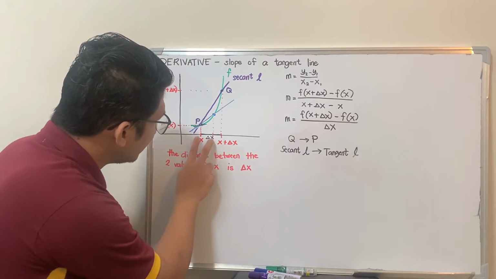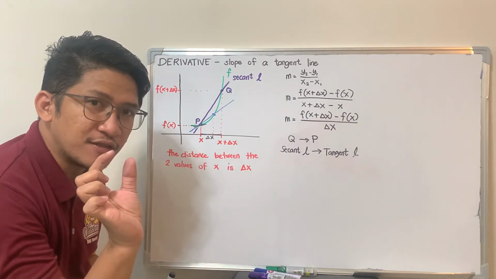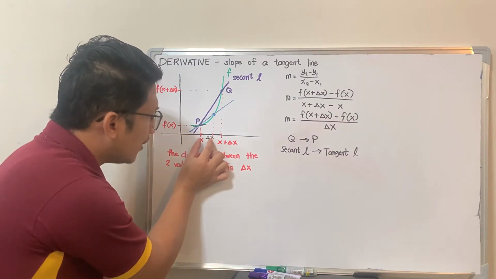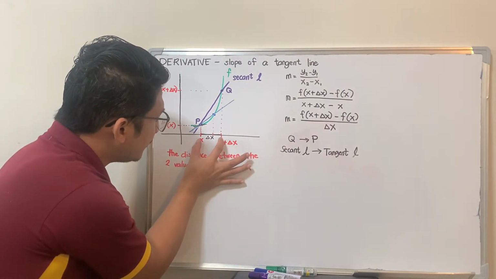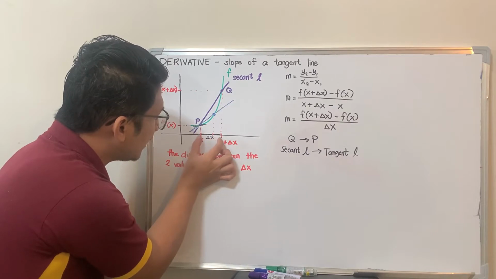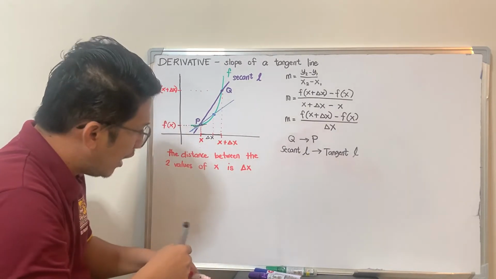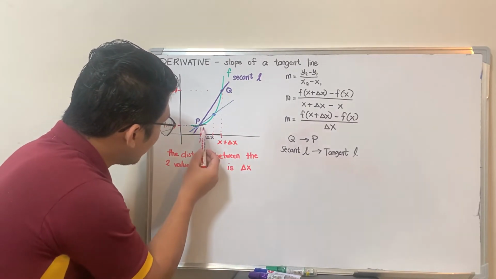And notice that delta X, ang distance between the two values of X, are getting smaller. Okay, ang distances nilang duha, di ba? So ang first distance, ang second distance. Notice nga nagagamay siya. How much more kung nagduol diri, dikit na kaayo silang duha.